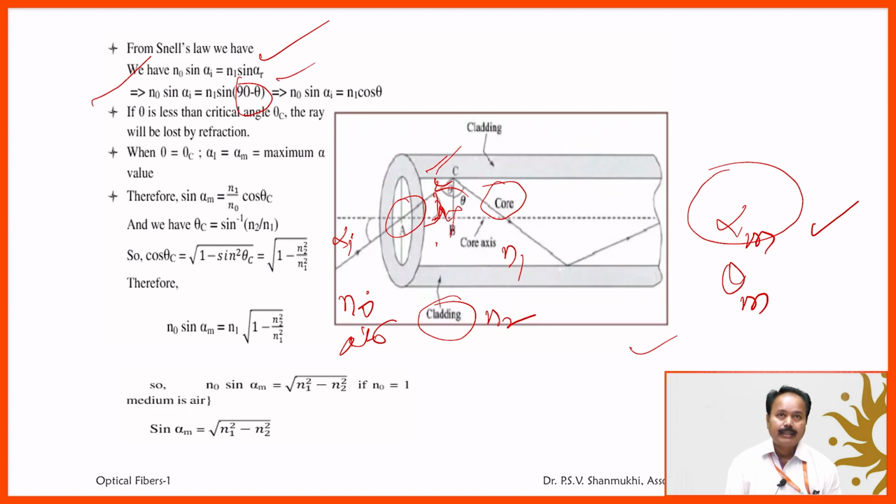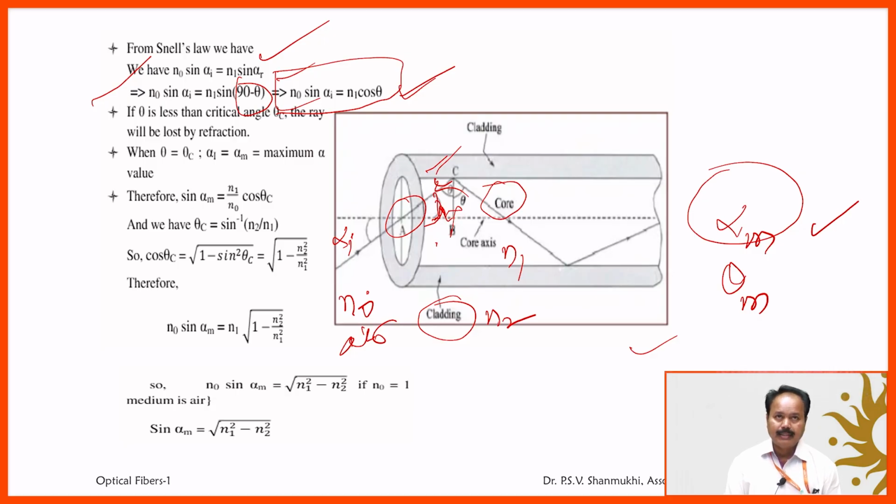Therefore alpha R will be 90 minus theta. Substituting, sin of 90 minus theta gives cos theta. Therefore, the equation now is N0 sin alpha is equal to N1 cos theta. This is an important equation.